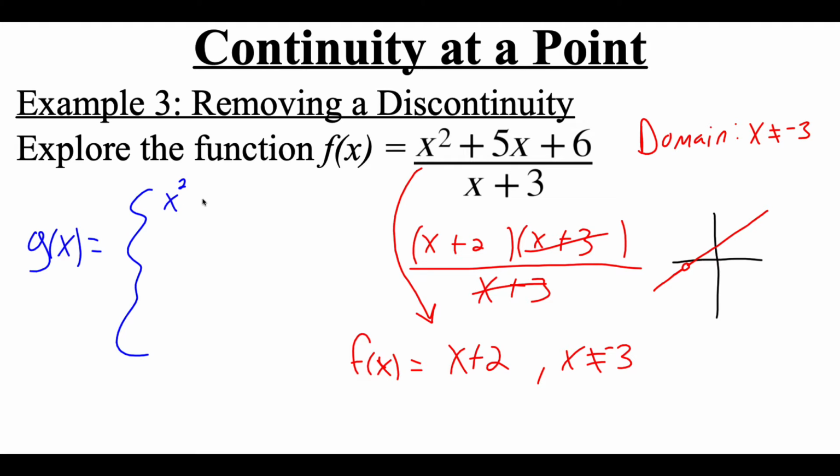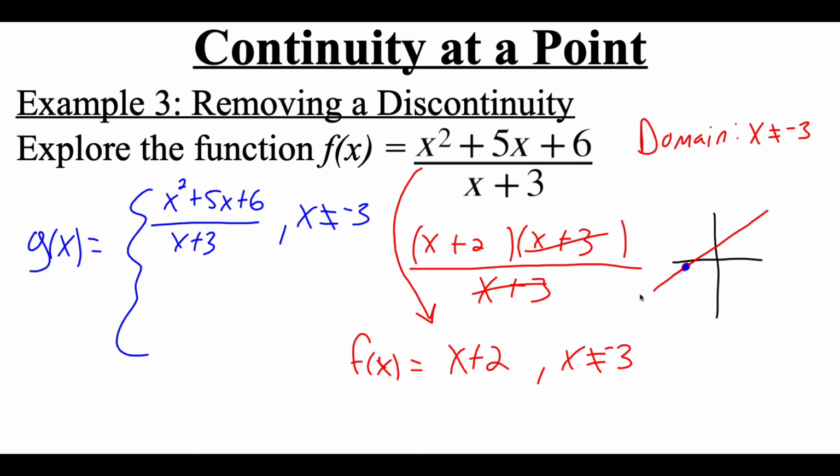So I'm going to define it as (x squared plus 5x plus 6) over (x plus 3). But because we've got a domain issue happening at -3, we're going to use this for all x values that are not -3. But then what we want to do is define a second piece of our function, which will help us fill in this hole in the graph so that we do end up with a continuous graph.